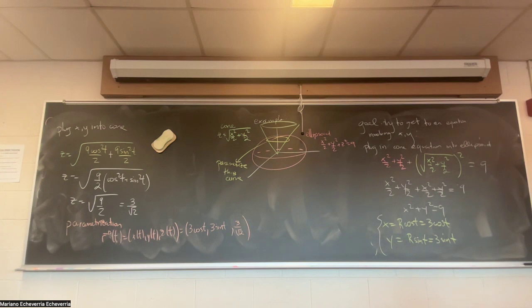For now, the formula is what I care about, but that's a fair point. Depending on how you parameterize it, the t-values could be different. You could also use negative t's, or you could say this goes from minus pi to pi, for example, and that also gives you the same curve. So there's some redundancy in all these formulas for the curve, because it can be described in different ways.